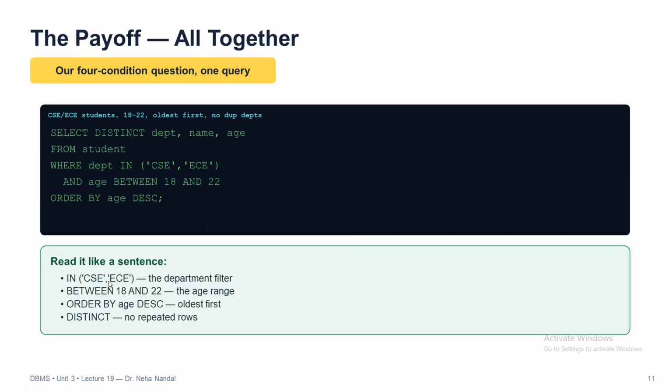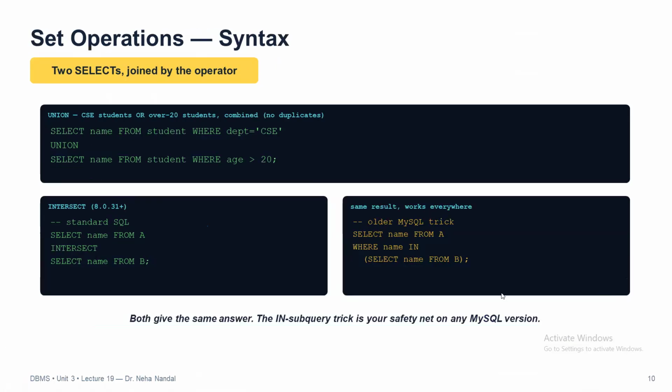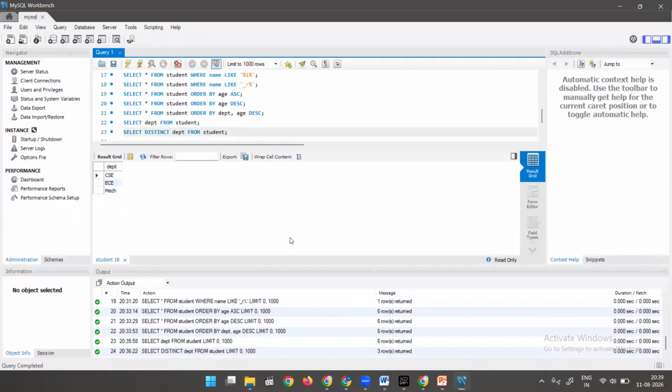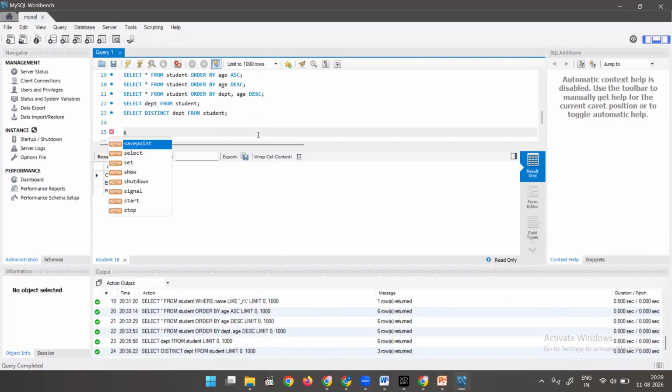So let us try these commands first, set operations. A few more things I'll tell you while working on Workbench. So first I want to perform this union. Here we are doing union. I want to select name from student where department is CSC.